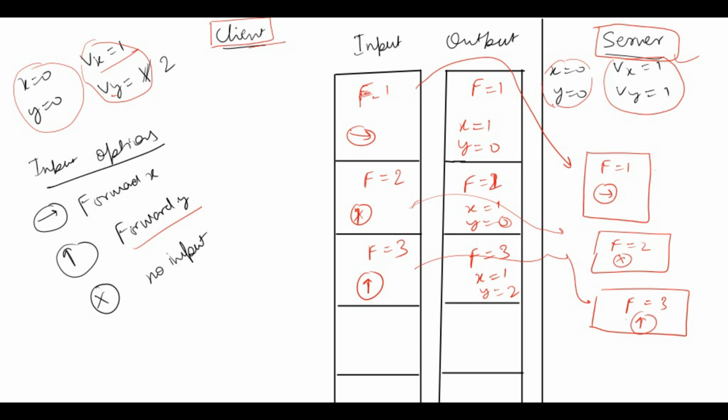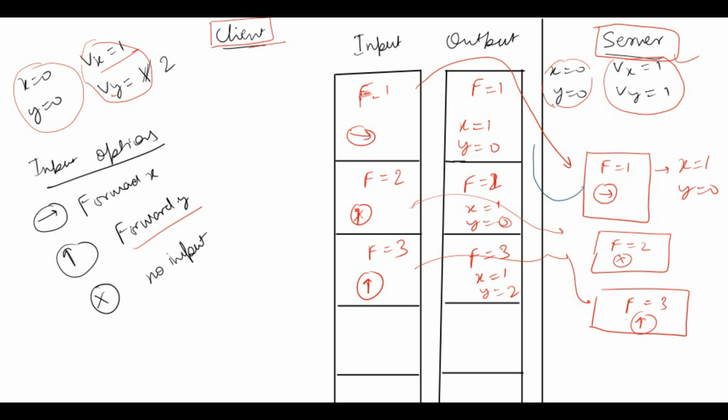So now what will the output of this frame be? Now we are discussing what will be happening on the server side. The output of this frame will be x equal to 1 and y equal to 0, because the forward button is pressed and velocity of x is 1. So the output state will be x equal to 1, y equal to 0. Then the output of this frame will be sent to the client.